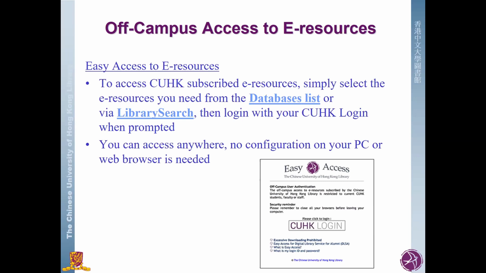To access CUHK subscribed e-resources, simply select the e-resources you need from the database list under the e-resources tab or via LibrarySearch. Then log in with your CUHK login when prompted.